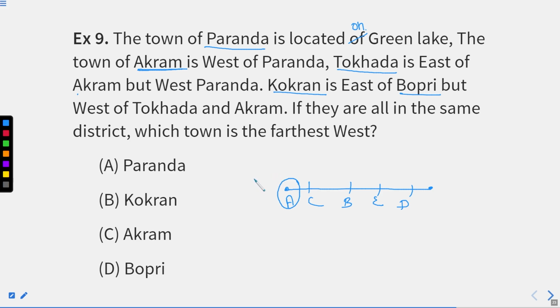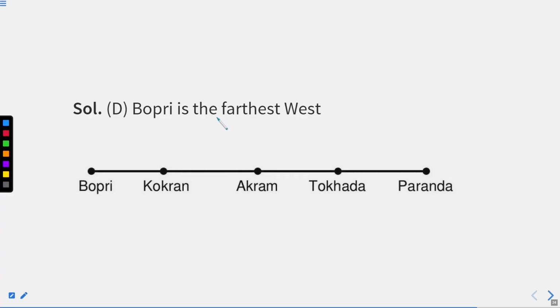For that, after reading all the instructions, what we are able to figure out is that Bopari is at the western part, after that Kokaran is there, then Akram, then Tokadha, and then Paranda is here. So who is the farthest west? That is Bopari.